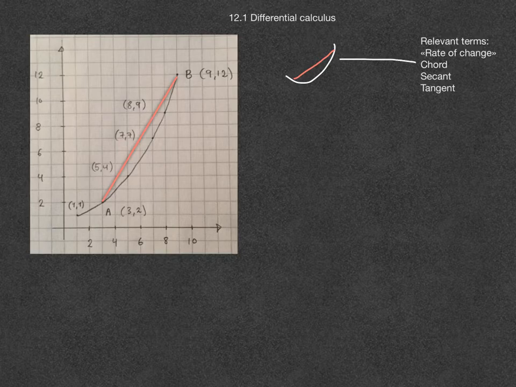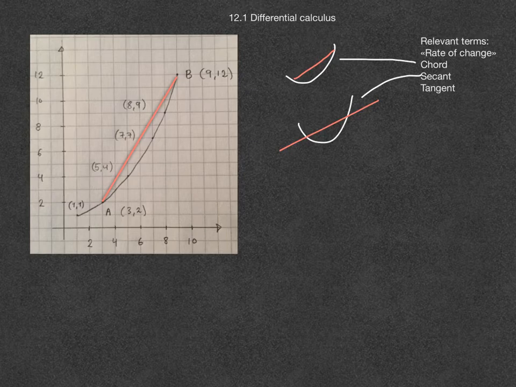So this is a chord. Whereas if you draw it through the curve like this, this is what we call a secant. So that's the difference between a chord and a secant.